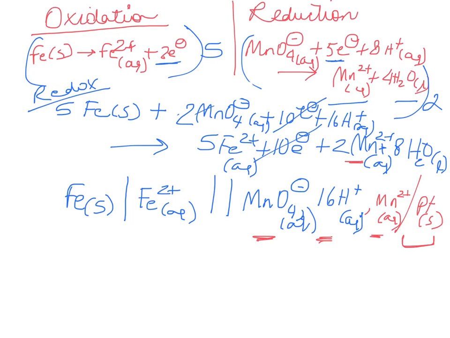When that kind of situation arises, such as here where everything was aqueous, you require the presence of an inert electrode, and in this case we employed platinum, which is the inert electrode.